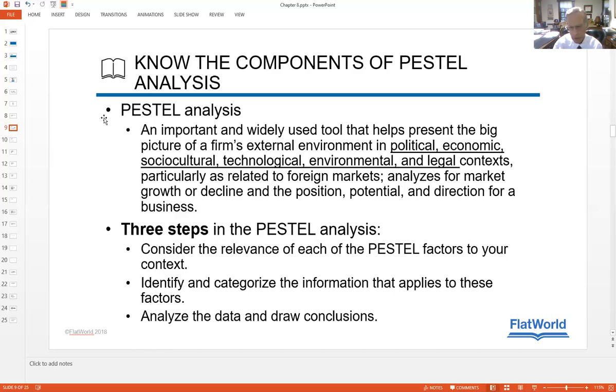And those of us in the profession see that there are lots of interrelationships between political and economic, for instance. Certainly sociocultural and so-called environmental factors have a lot to do with market conditions.